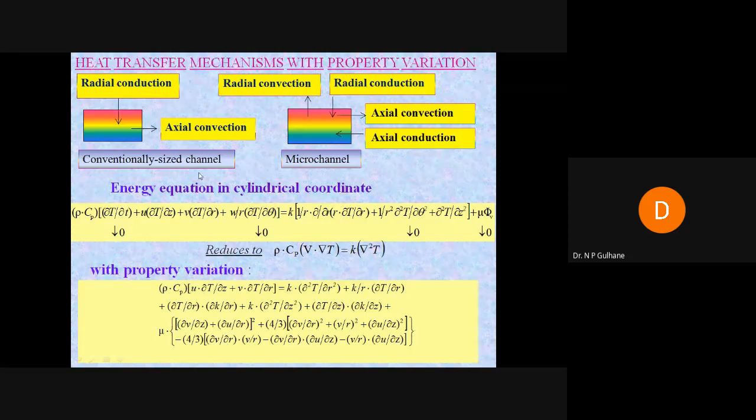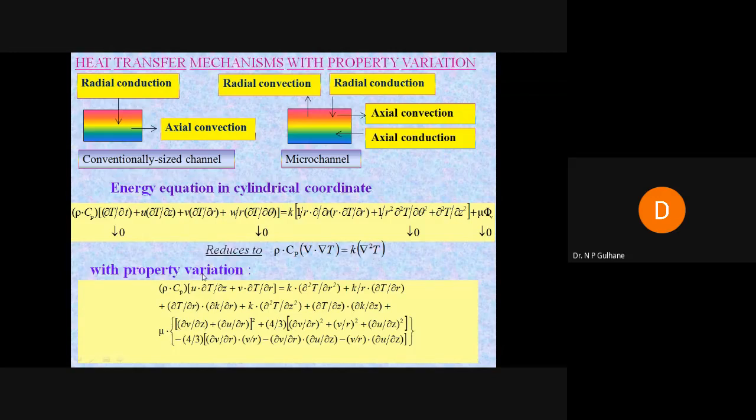Now if you just see the energy equation in cylindrical coordinates with these two parameters, axial conduction and radial conduction, you can see these two values are added here with property variation. The simple energy equation in cylindrical coordinates is written like this, but with property variation these parameters become 0 and the entire equation reduces to this one in the conventional case.